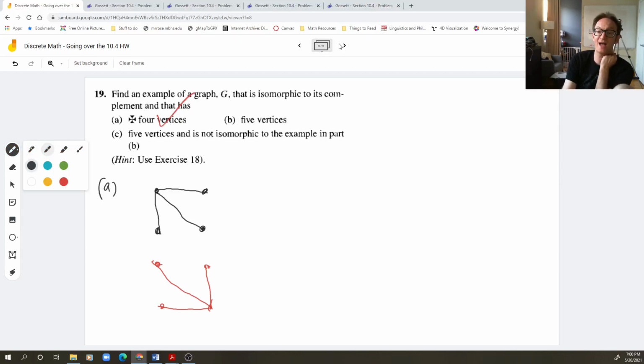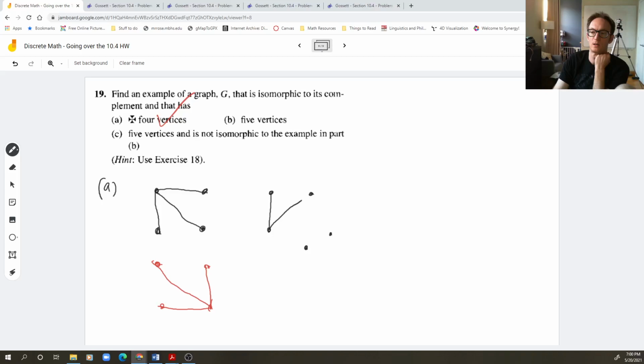How about if there are 5 vertices? Watch this. Is that right? Yeah. So that's a disconnected graph with 2 components.